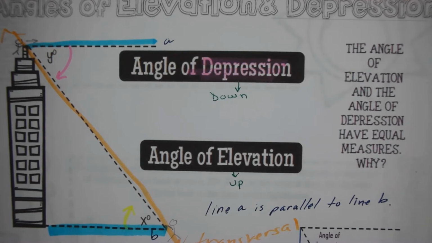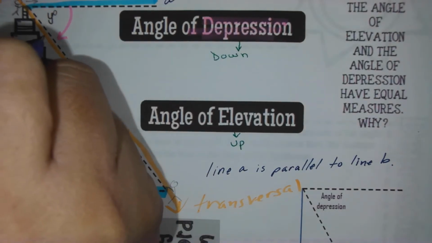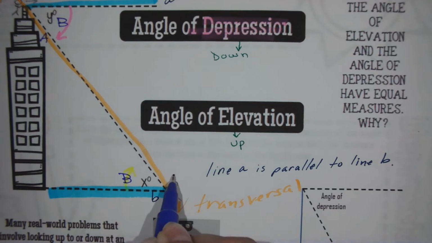Boom! So now we have two parallel lines being cut by a transversal. At this point, you should be remembering this little teeny tiny thing we call ABBA. So we're going to label our angles using ABBA. So A, B, B, A.